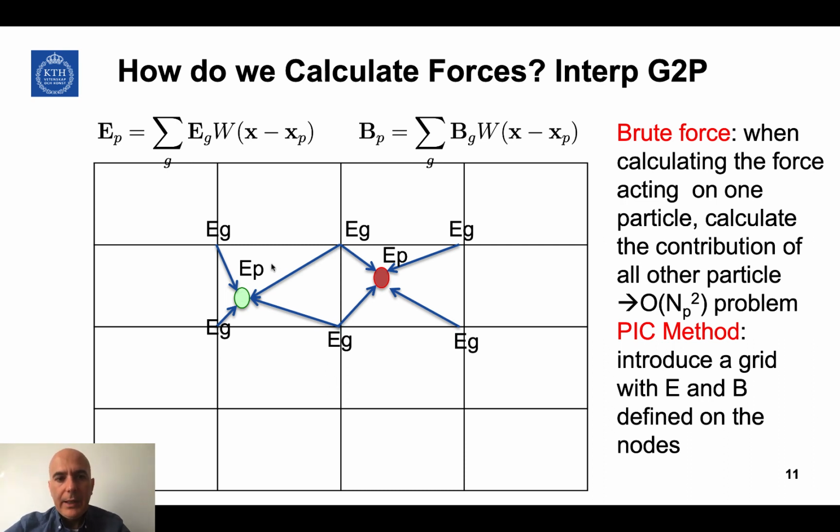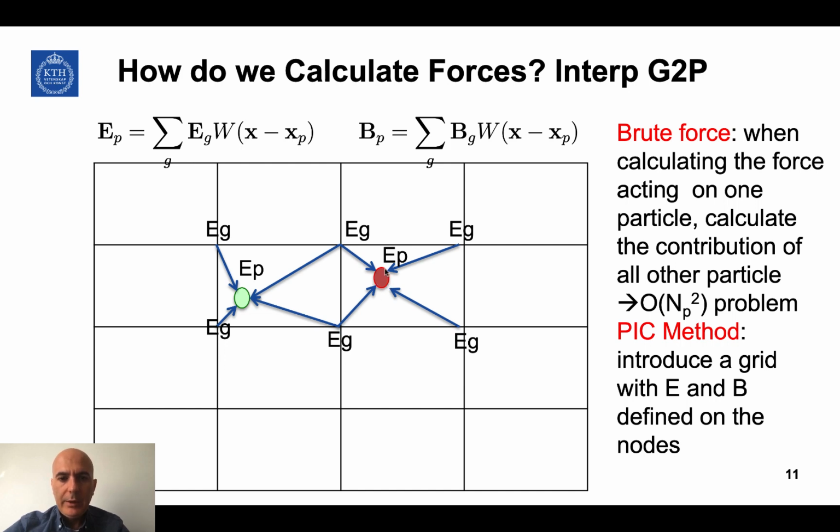And then we have the particles that are within the cell. The basic trick that the particle in cell method does is to use the values of the electric field defined on the nodes, and then make a weighted average to calculate it at the position of the particle itself.